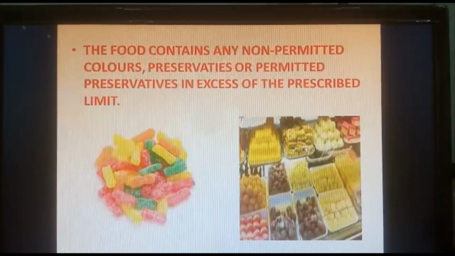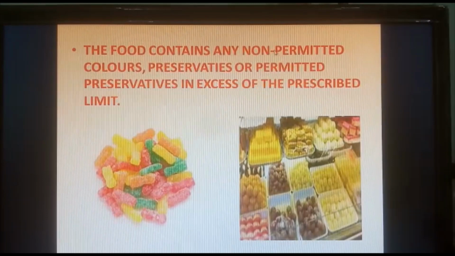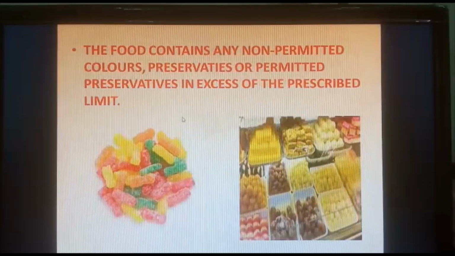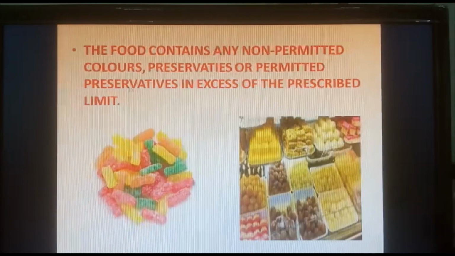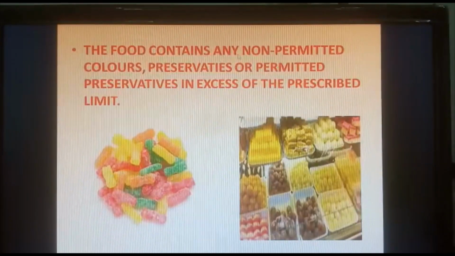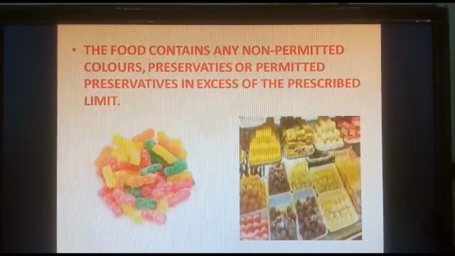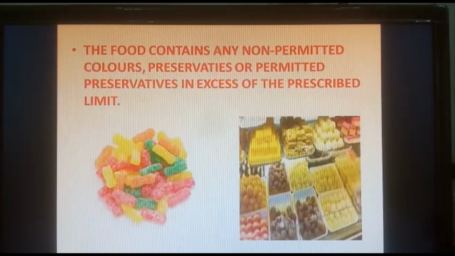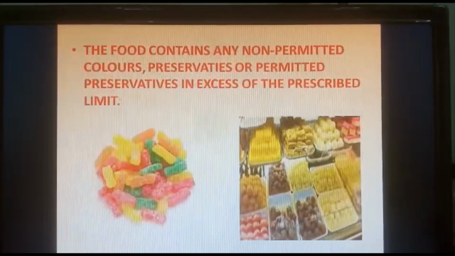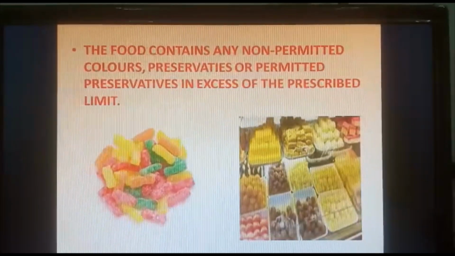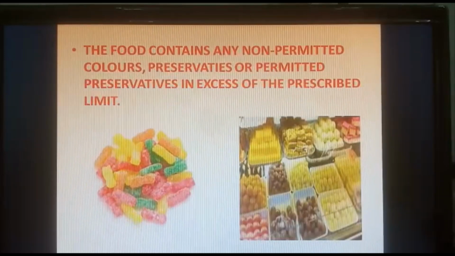Next, if the food contains any non-permitted colors, preservatives, or permitted preservatives in excess of the prescribed limit. If the food contains any non-permitted colors, there are many toxic or non-permitted colors, and if those colors are used in a food product, that food product will be considered as adulterated.